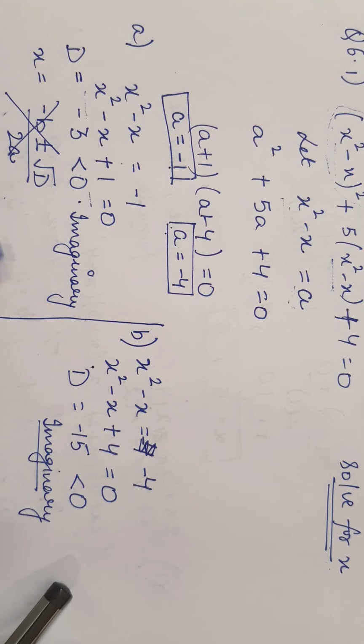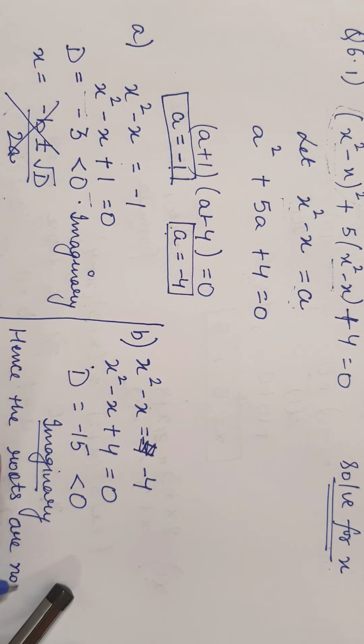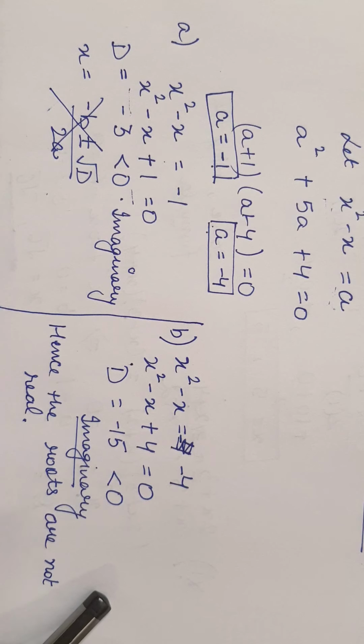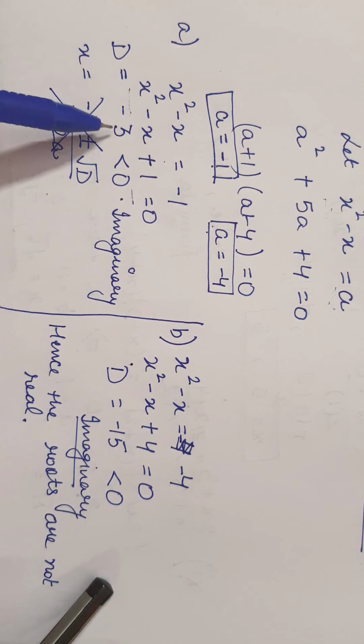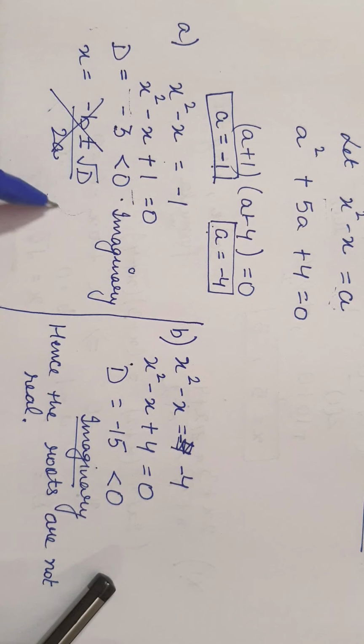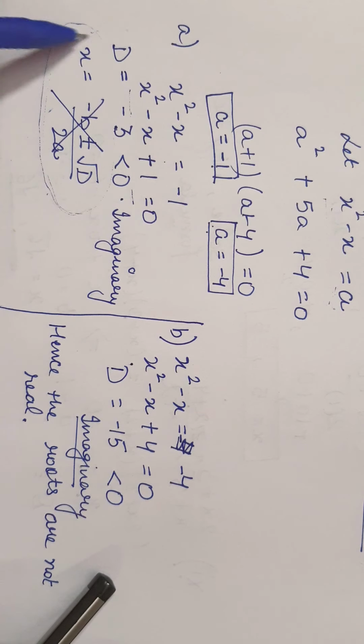So in the end you will write, hence the roots are not real. Roots are imaginary. But in such cases where D is greater than or equal to 0, there you need to go for the formula.